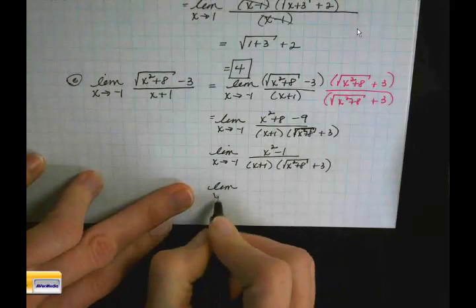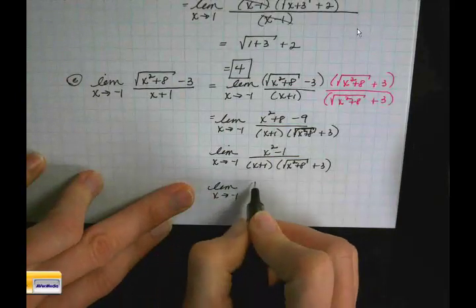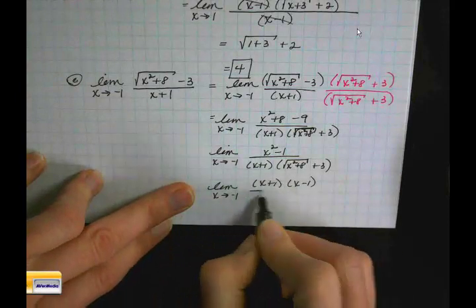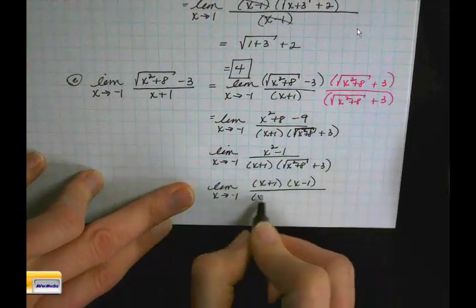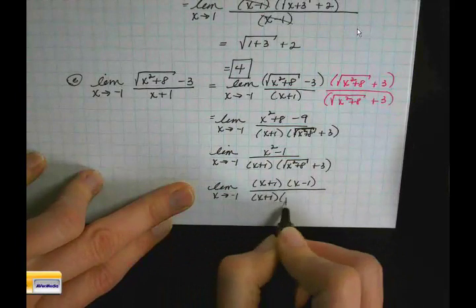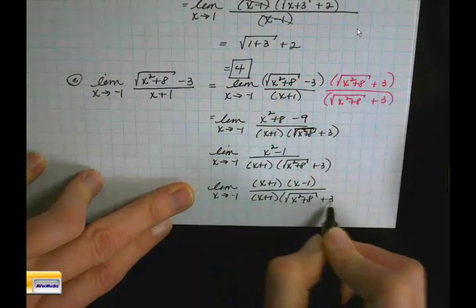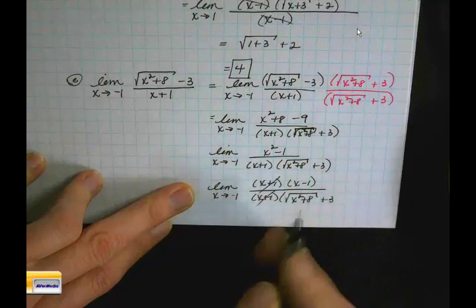Okay, so now it's the limit as x is approaching negative 1. This factors into x plus 1 times x minus 1. These guys go.